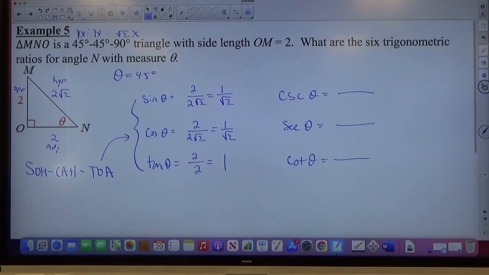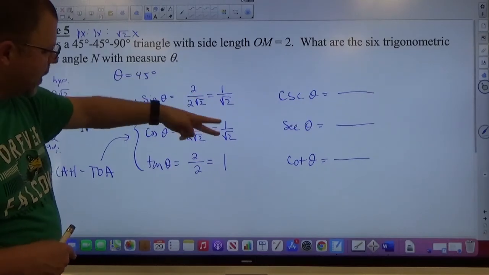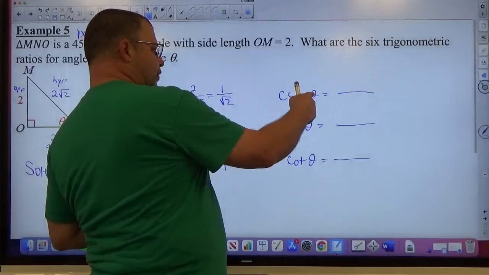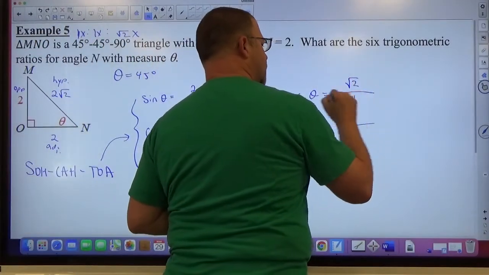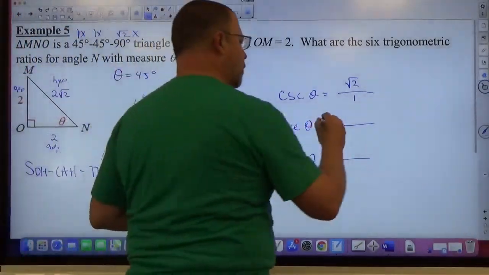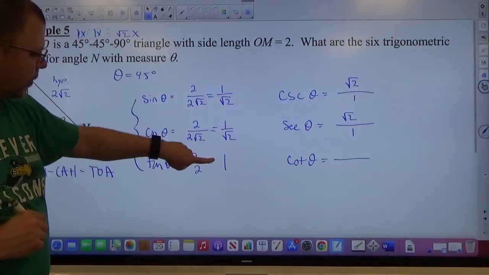That's the tangent. Now, if I go reciprocate these things, I'm going to reciprocate this, this, and this. So cosecant's a reciprocal of sine, so it's going to be the square root of 2 over 1. Secant's going to be the reciprocal of cosine, so it's going to be the square root of 2 over 1. Cotangent is reciprocal tangent.